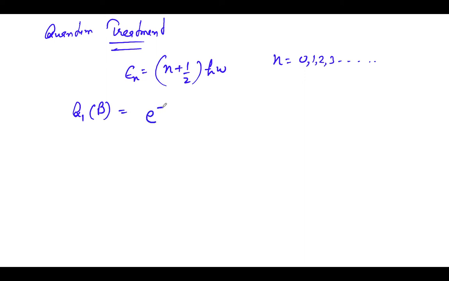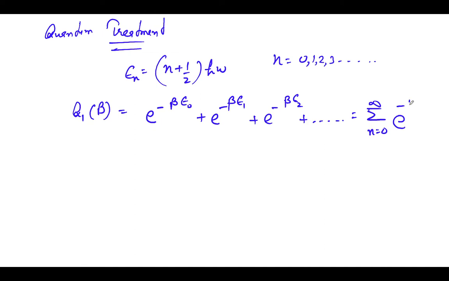which is equal to, putting the value of n right from 0 and increasing order, exponential of minus beta E0 plus exponential of minus beta E1 plus exponential of minus beta E2, and so on. So this we can write as summation of n from 0 to infinity of exponential of minus beta E_n, where E is generally considered as the Hamiltonian function for this case.